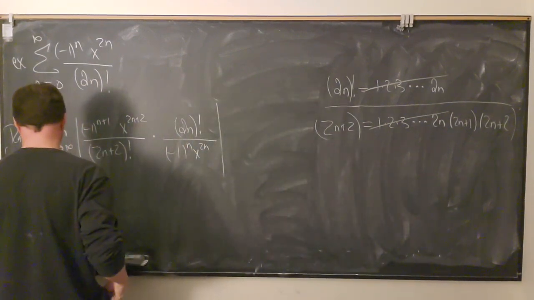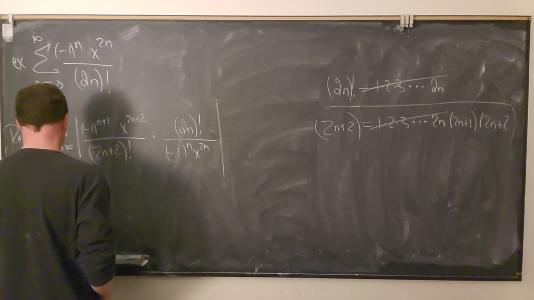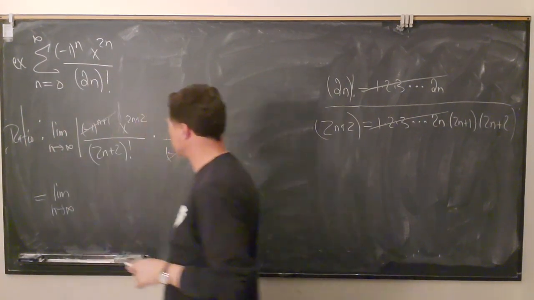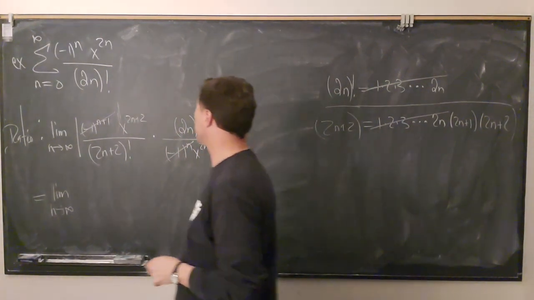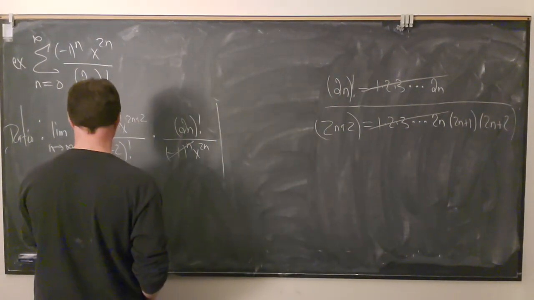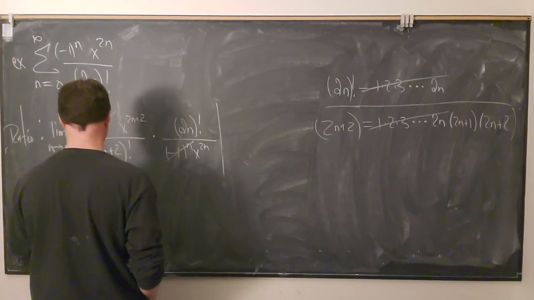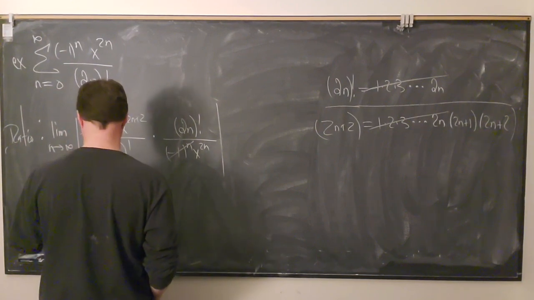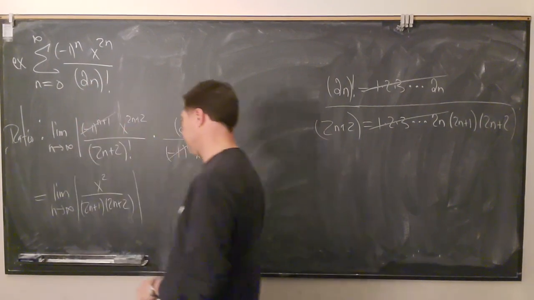So here's what we'll get: a limit as n goes to infinity. The minus ones, all that negative stuff is gone because of the absolute value. We're left with an x squared in the numerator and (2n plus 1) times (2n plus 2) in the denominator.